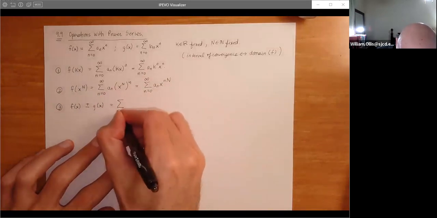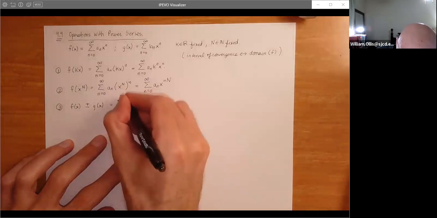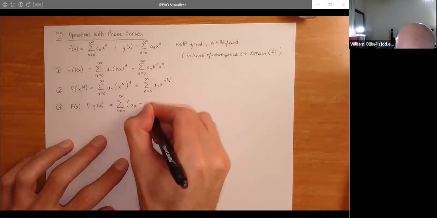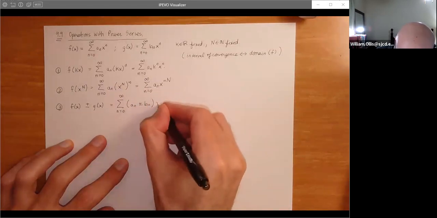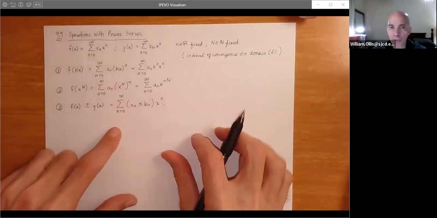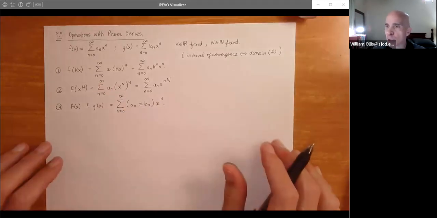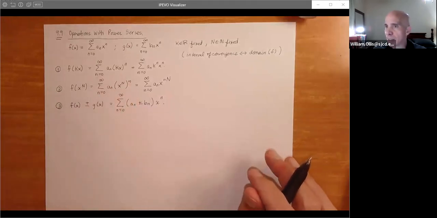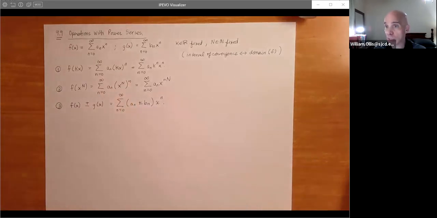So when we do this, we're just thinking of adding the two series. We can just combine the nth terms, so to speak. We have the a sub n plus or minus b sub n, x to the n. And then, in this case, this may require that we check the interval of convergence. That is, if we've changed it any bit, we may have to diminish it.